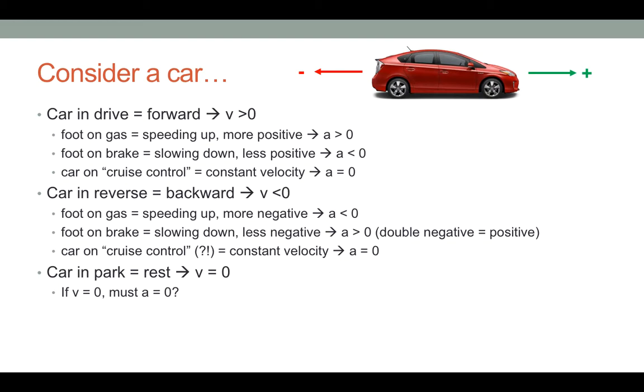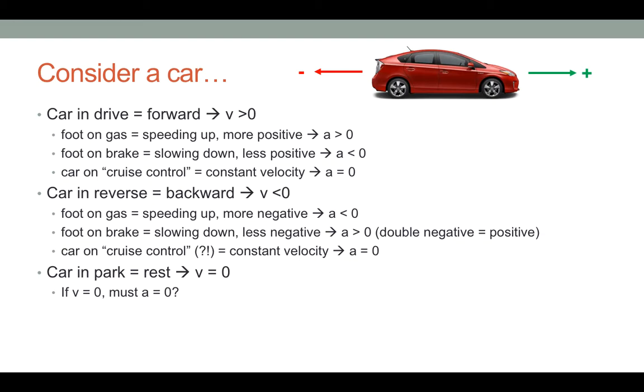Recall that acceleration depends on how the velocity is changing. And the velocity, not the speed, includes plus and minus signs. So let's consider the car in drive while the driver's foot is on the gas. The car's velocity will get more positive and numerically larger, or, if you will, farther to the right on a number line.